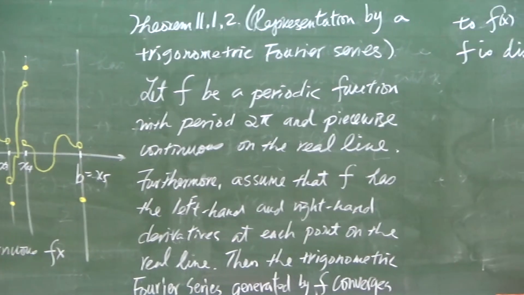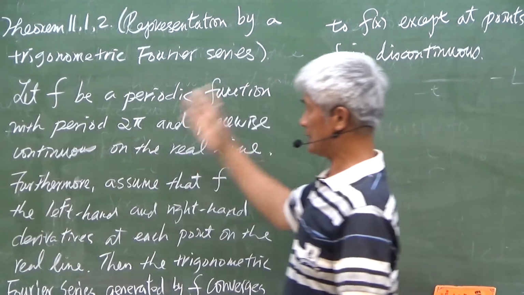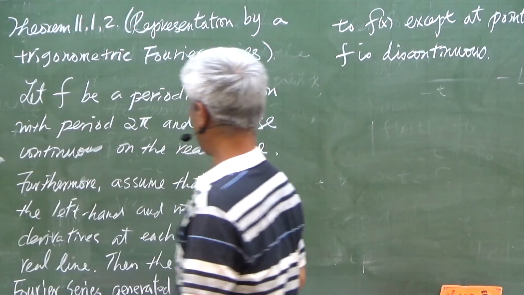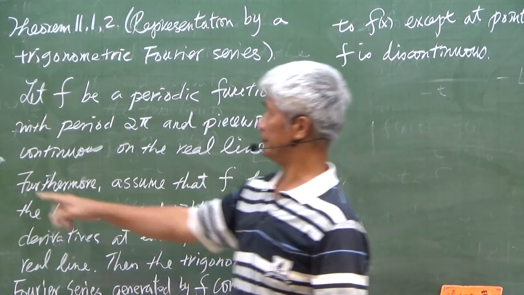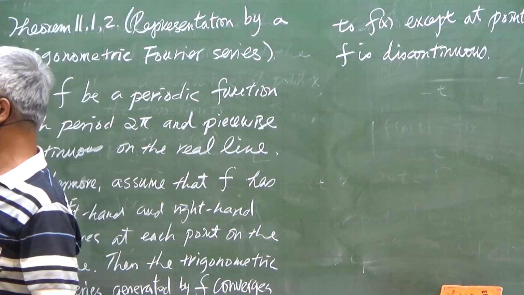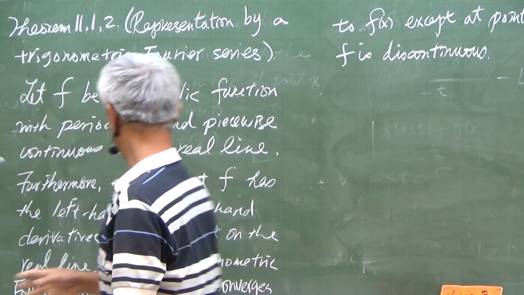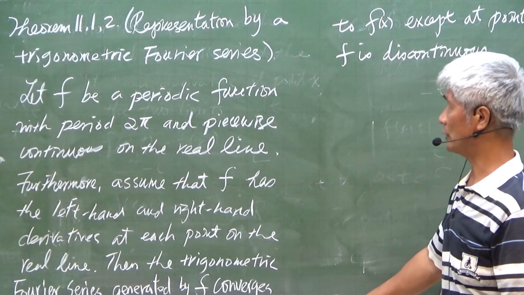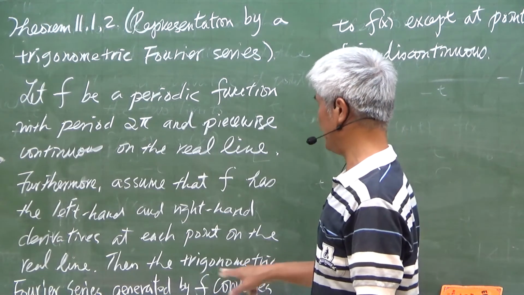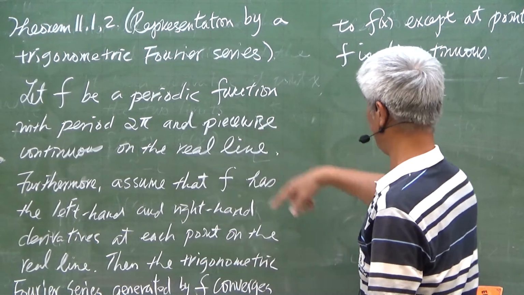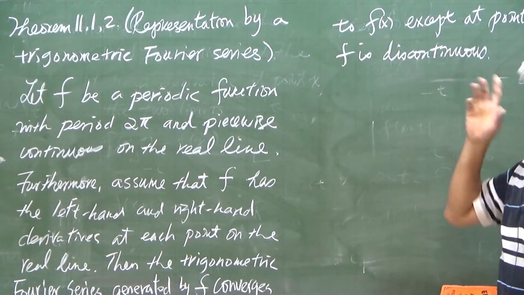So if f is piecewise continuous like this one, and if f has the left-hand and right-hand derivative, actually you can see that for this example, it has right-hand as well as left-hand derivative at every point. Then the trigonometric Fourier series generated by f converges to f of x if f is continuous at x.